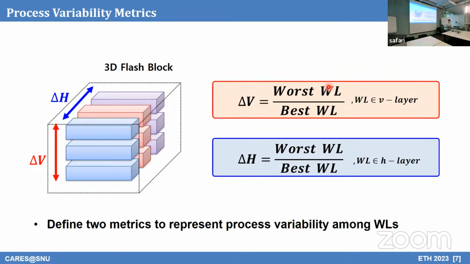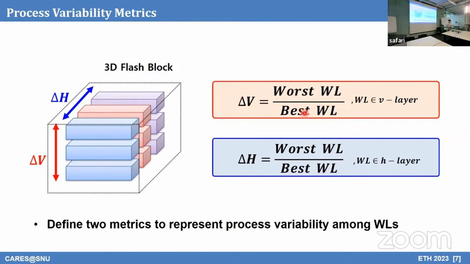In terms of process variability, let me give you a simple definition first. When we consider a 3D flash block, we consider two variabilities, because now we have two different directions. In the vertical direction, we call it delta V, and in the horizontal direction, we call it delta H. Given one layer, for example one horizontal layer here, delta H is defined as the ratio between the worst word line and the best word line.